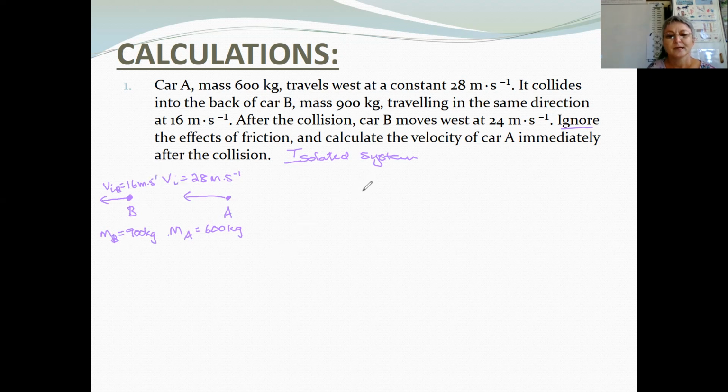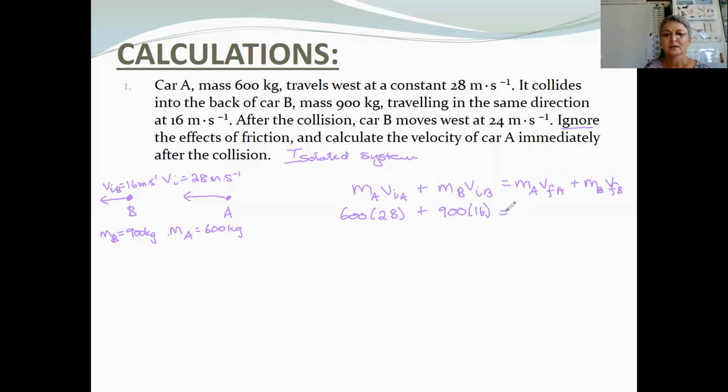Right, so mass of A times initial velocity of A plus the mass of B times initial velocity of B would be the mass of A times the final velocity of A plus the mass of B times the final velocity of B. Mass of A is 600 times the 28 and 900 times the 16.